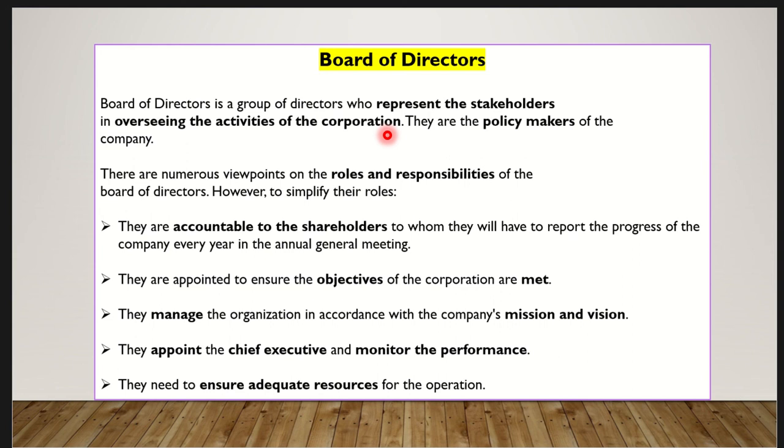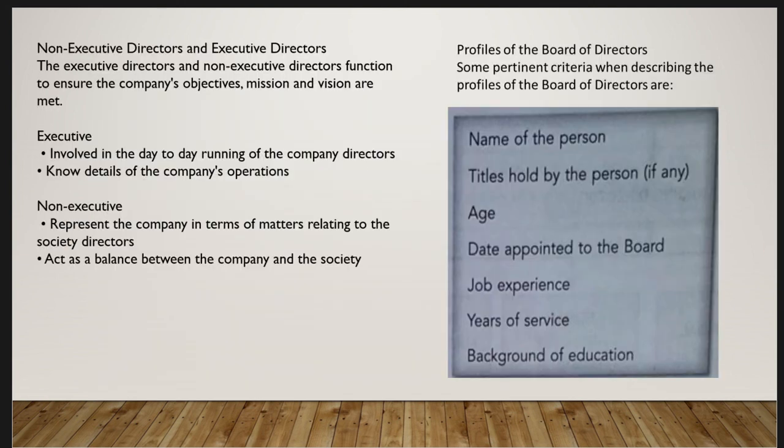There are numerous viewpoints on the roles and responsibilities of the board of directors. These are the simplified roles: the first one, second one, third, fourth, and so on. In an organization, board of directors are divided into two. Usually for public listed companies or very big companies, we have non-executive directors as well as executive directors.